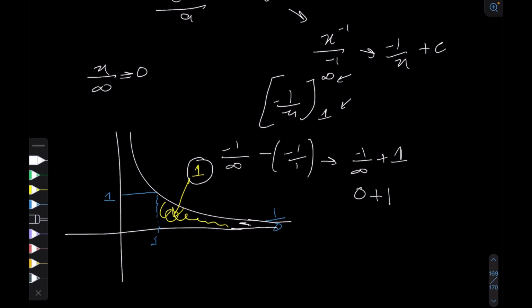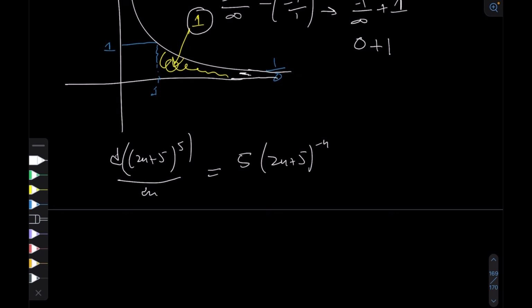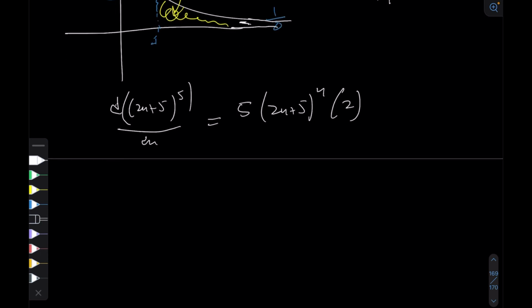All right, so the last thing that we can briefly look at is the chain rule. When you want to differentiate something like 2x plus 5 to the power 5, you take the power down, subtract 1 from the power, and then multiply by the differential of the inside.